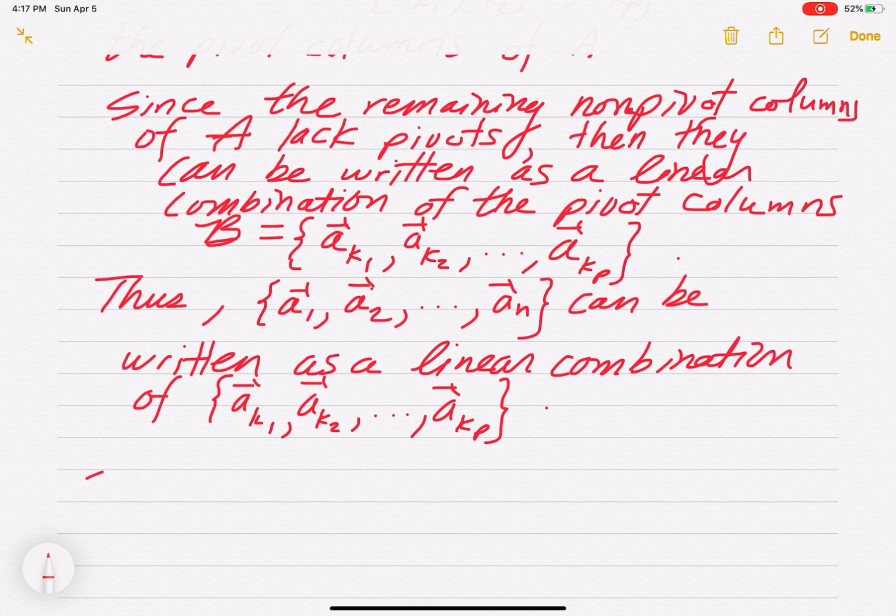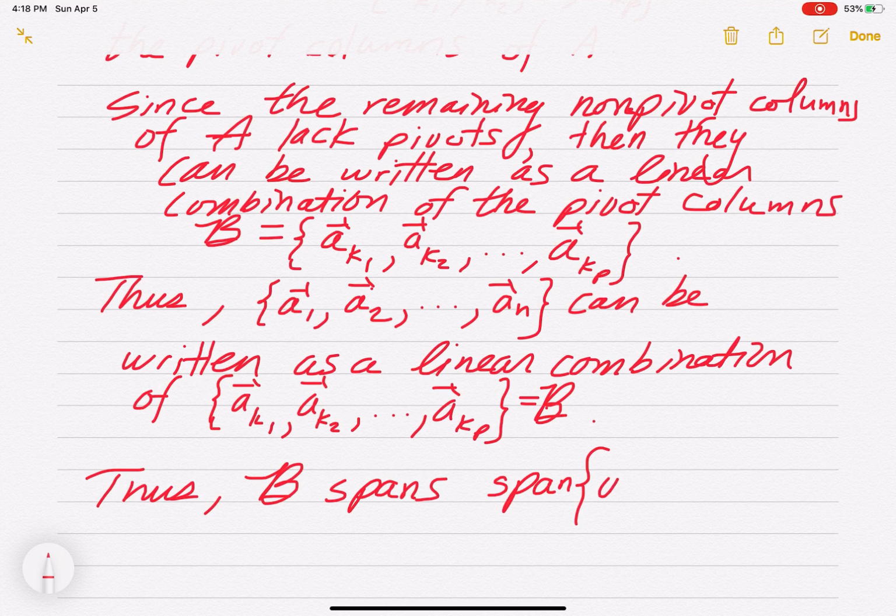So thus, it follows that B spans, right? B is that set of vectors with the pivots, right? This is B right here. So B spans the span of A1, A2 through AN.